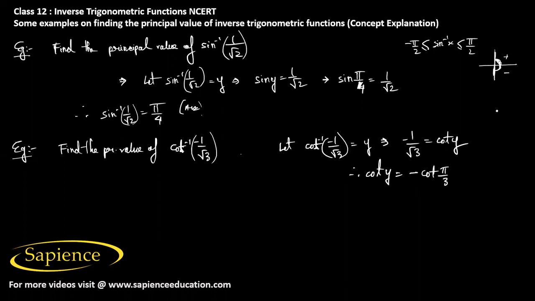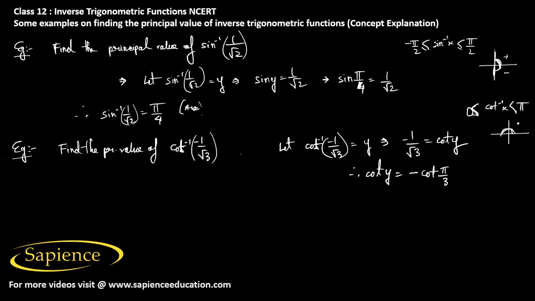Now we know that for cot inverse x, the principal value branch is from 0 to pi, where they are not included. So 0 to pi means the value should lie between the first quadrant and the second quadrant. In this range it should come.